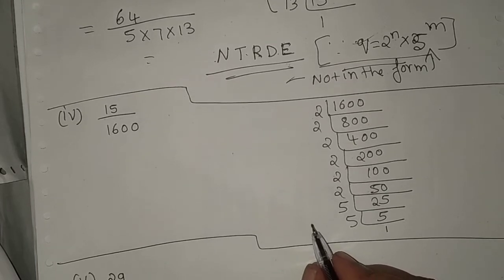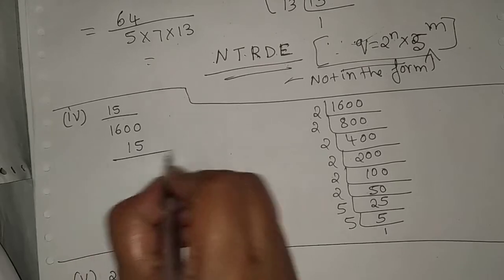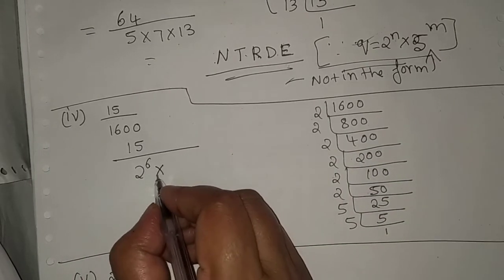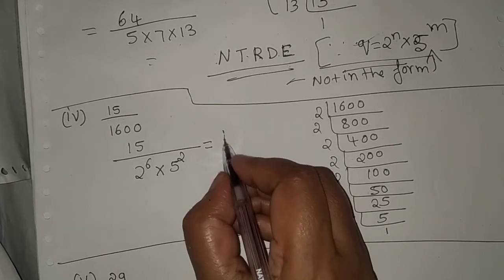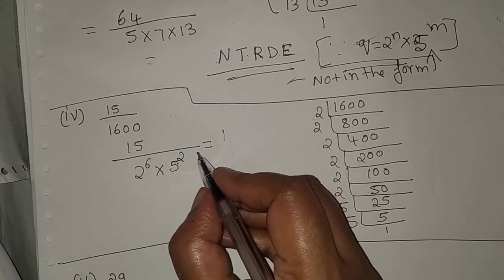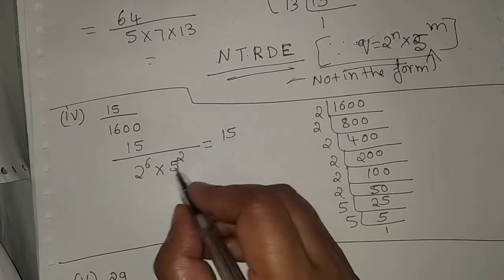Next step is, we'll write 15 by 2 to the power of 6 into 5 to the power of 2. Now we have to write this one. How much are we getting here? That is 15 into 5 to the power of 4.